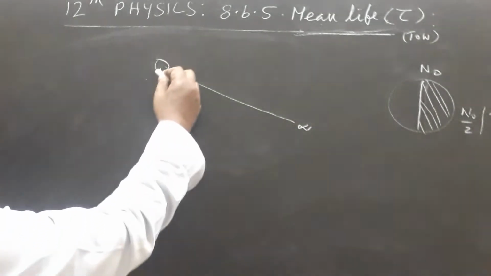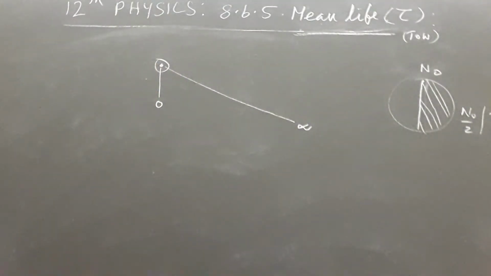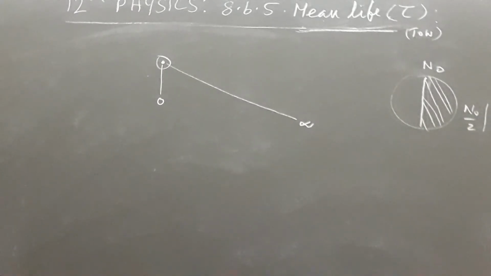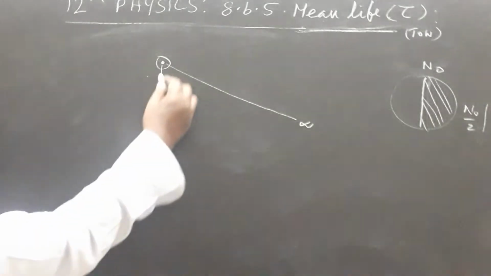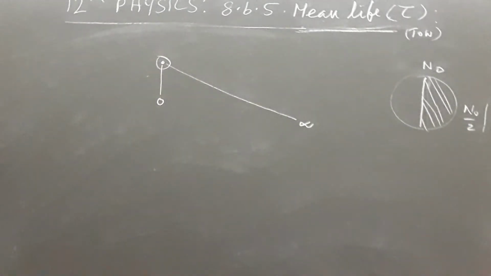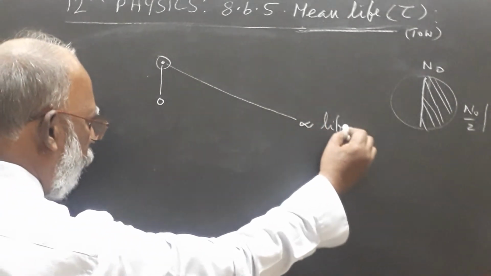The major concept you have to clearly understand here: when the radioactive nuclei undergo decay, the nucleus which disintegrates first has zero lifetime, and the last one to decay has an infinite lifetime.